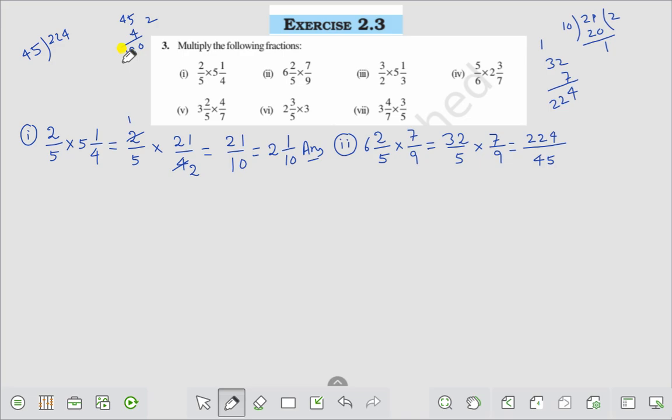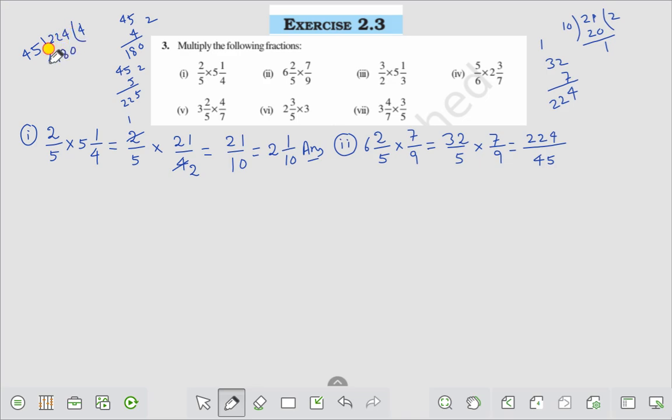Then again multiply 45 by 5, 5 5s are 25, 4 5s are 20, 20 plus 2, 22, 225, right? So we have to multiply with 4, that is 45 into 4 is equal to 180.